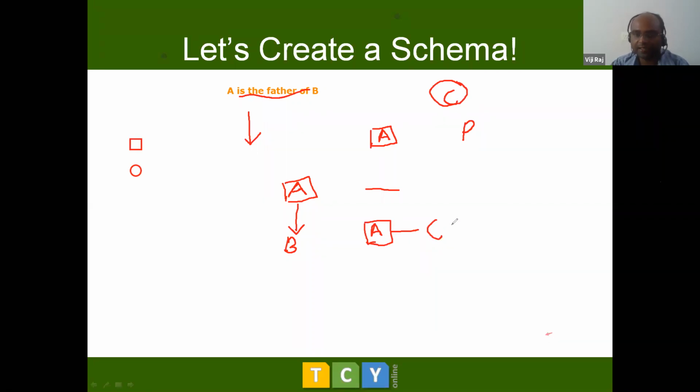And if we have that C is the husband of D, a husband-wife relationship can be shown by a double line or a double arrow, whatever you feel comfortable with, right? So it was that C is the husband of D. So we know C's gender now, and we also know the gender of D, right? Got it?